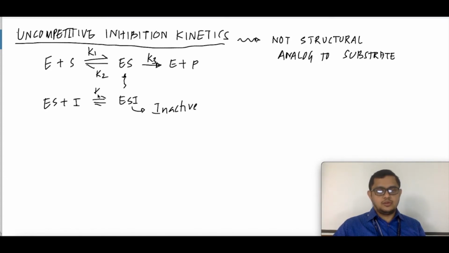If I include the rate constants, let us say Ki and K minus i. So, this is the reaction that we are talking about. Whenever we encounter an uncompetitive inhibitor, how does the equation change? How do we develop the equation for this condition?